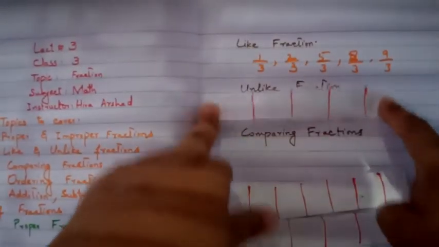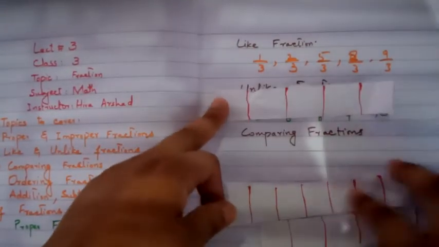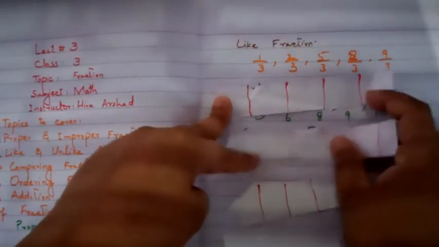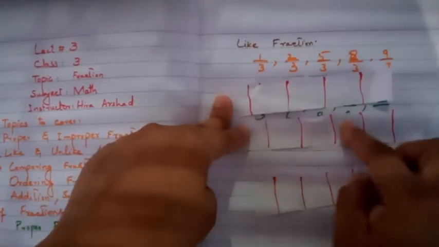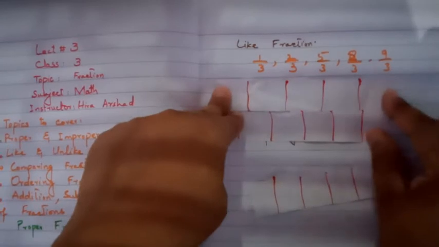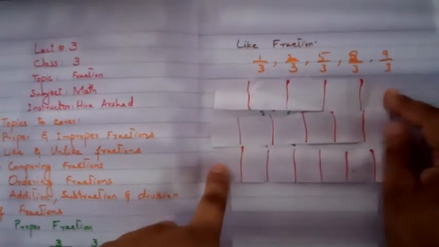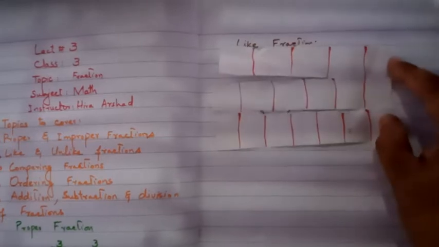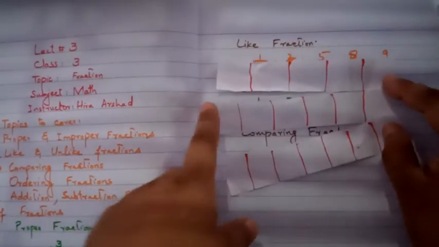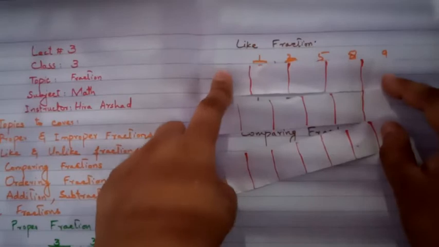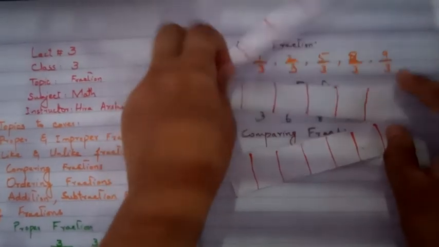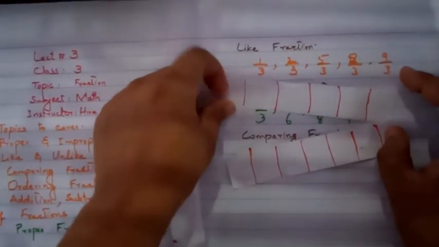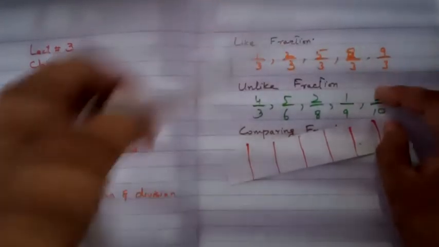I have divided this piece into 5 parts, and next is 1, 2, 3, 4, 5 and 6. This is divided into 6 parts, and this is divided into 7 parts. Which parts of the paper are greater? You can see that the paper which has 5 parts is greater, and the paper which has 6 parts is greater than the 7 parts.